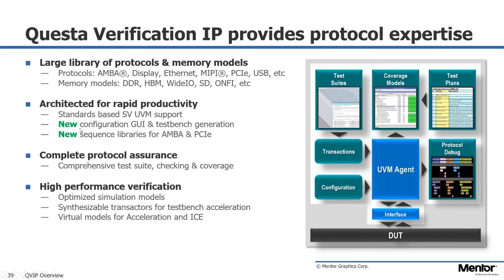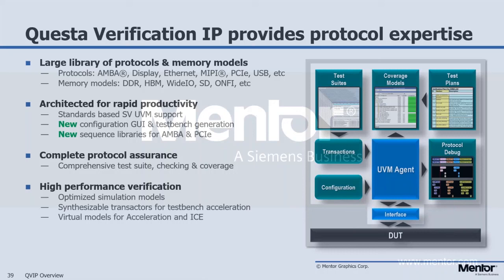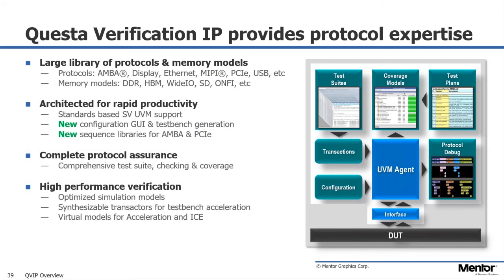The configurator helps to get things up and running rapidly. You can do full protocol compliance testing if needed. And this is supported in both simulation, in emulation, and actually we have formal protocols as well. So that's pretty much what I wanted to talk about on the VIP today.